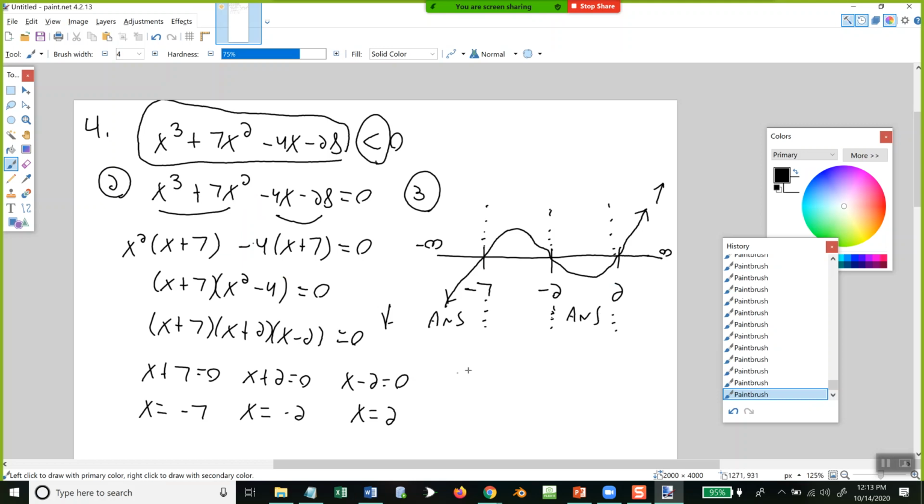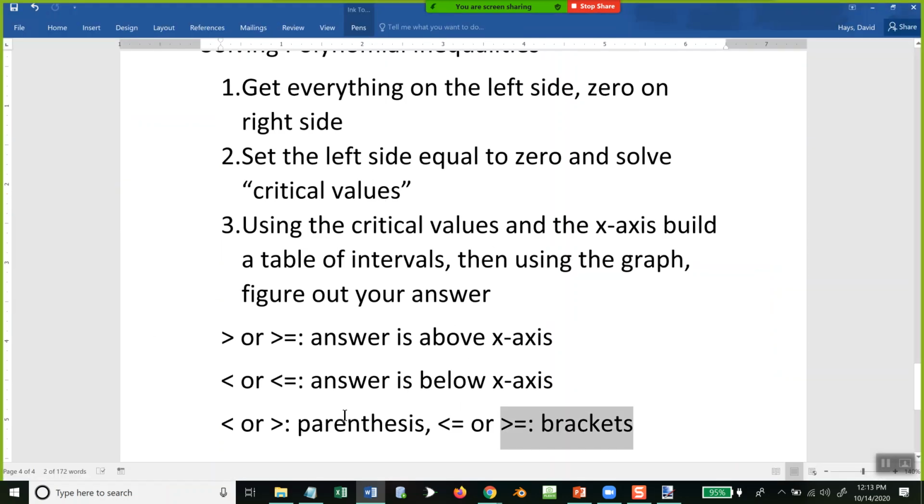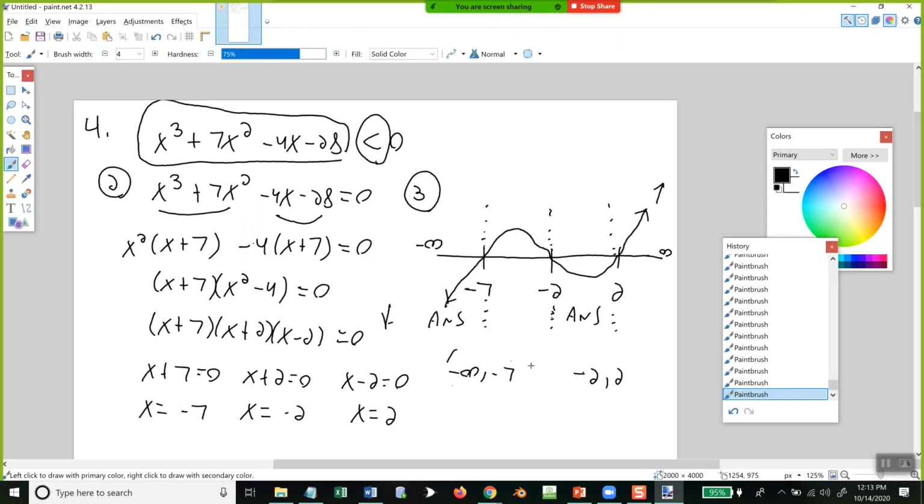So this will be negative infinity to negative 7, and this one will be negative 2 to positive 2. Less than tells us parentheses. Infinity is always parentheses, but these will be less thans too. And if you have 2 or more intervals, you connect them with the union symbol. And that'd be your answer.